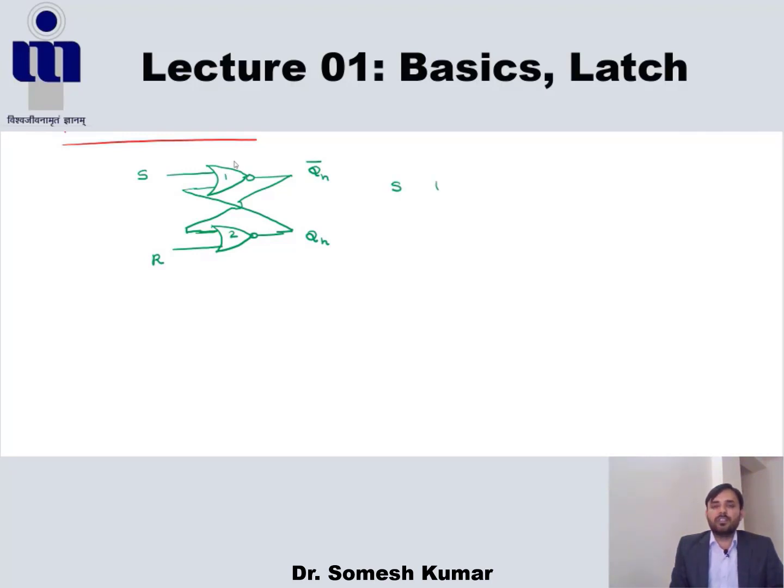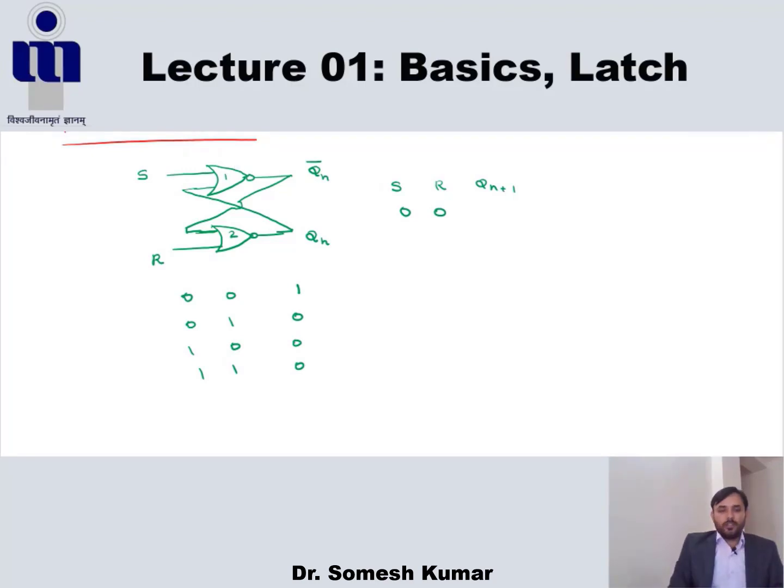So this is S R and this is Qn plus 1. If both inputs are 0, what is the property of the SR latch? What is the truth table of the NOR gate? Can you tell me? There are four possible combinations. 0 plus 0 is basically 1, and in all other cases, it is 0.